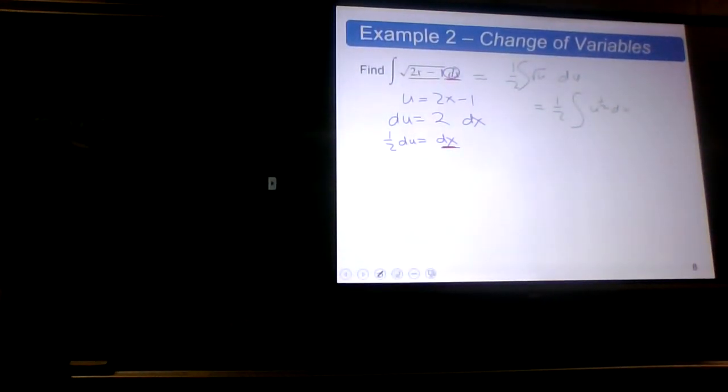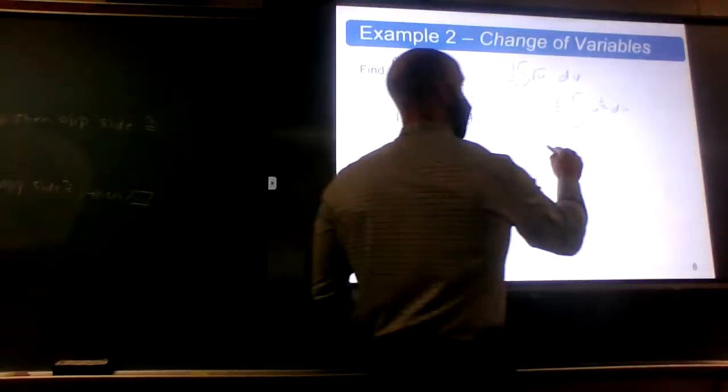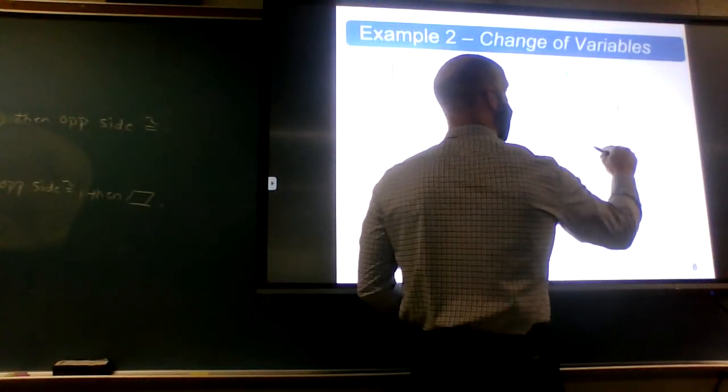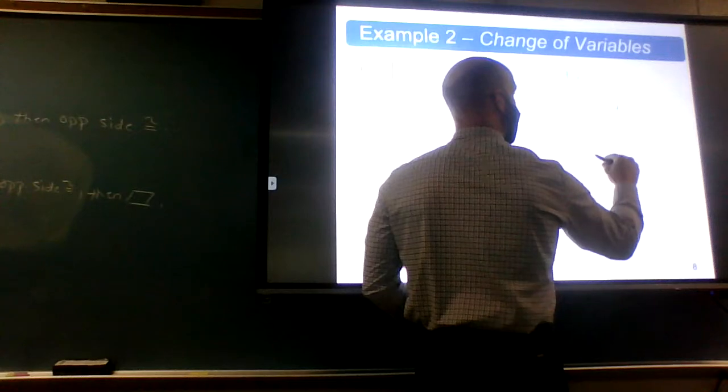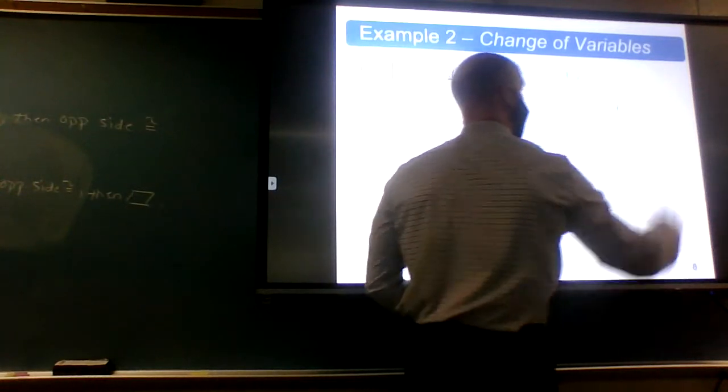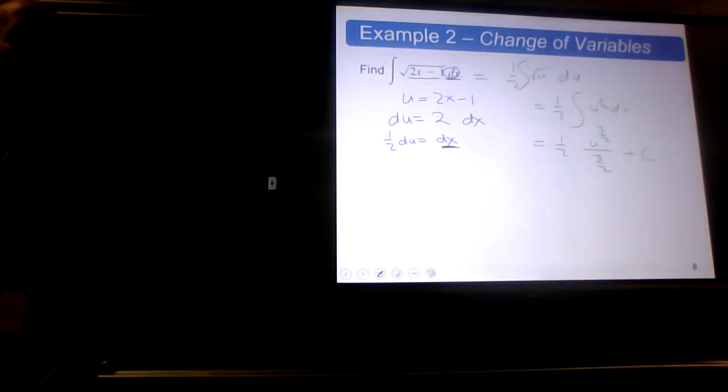Now I'm going to use my power rule, right? What do I do with that exponent of 1/2? You add 1, which would make it 3/2, and then you have to divide by that 3/2, right? So then that's going to be 1/2 times u to the 3/2 over 3/2, and then don't forget the integration constant c.